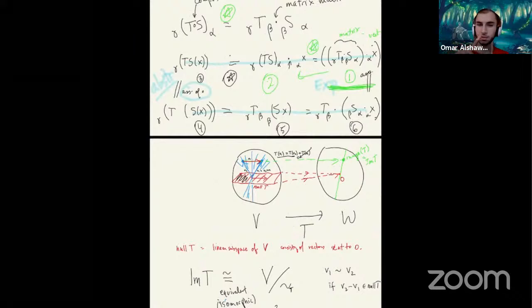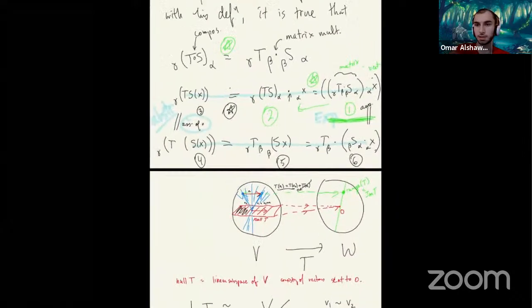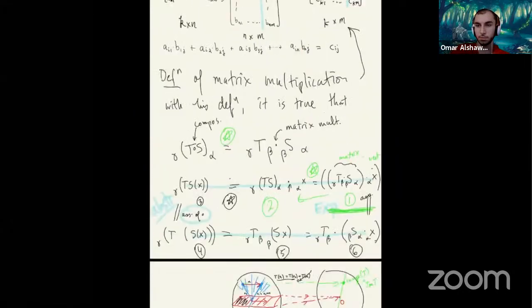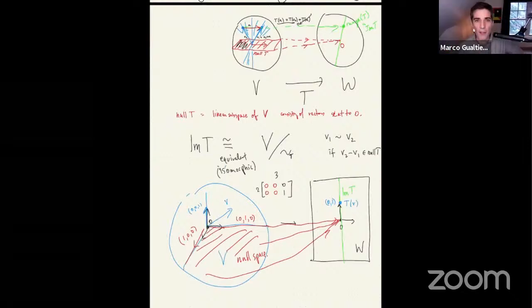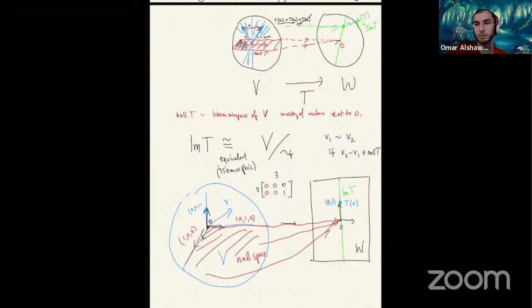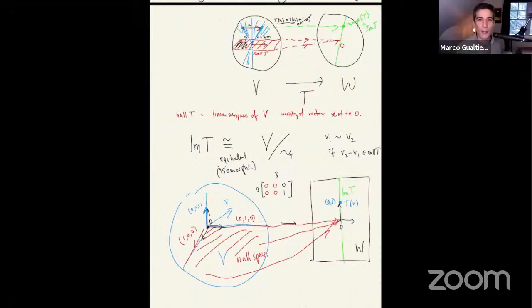Based on what you said, all the elements that the linear map maps to. Yeah, everything you get, all possible values. So it includes 0. Why does it include 0? Because 0 is a value. Why is 0 a value? Because T maps to it. But why does T map to 0? How do you know that 0 is a possible value for the linear map?